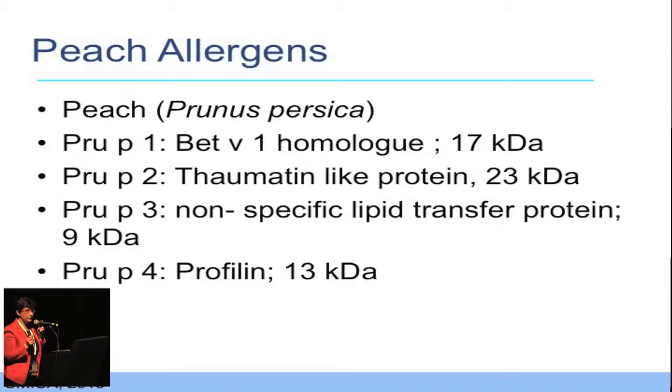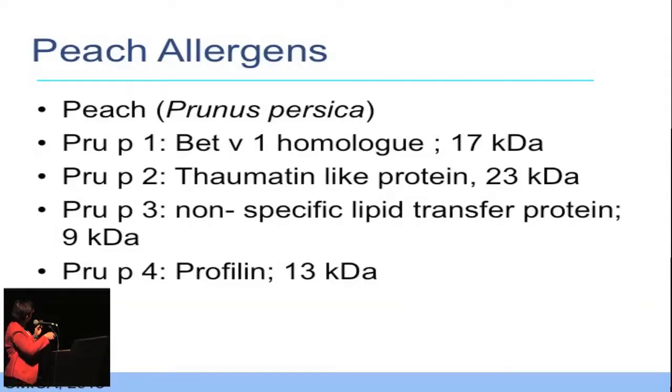This protein correlates highly with clinical symptoms, and we assume that this is also due to its high stability. And then we have profilin, another protein which is well known as an allergen among pollen, but also among food allergens.